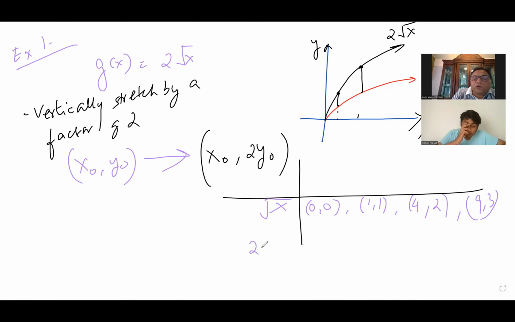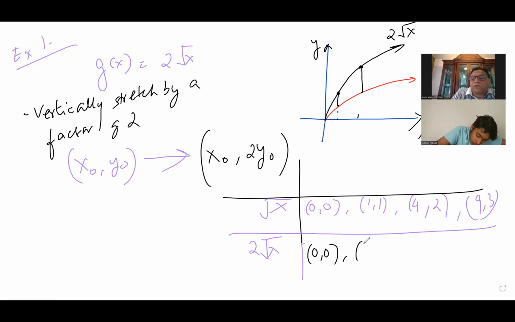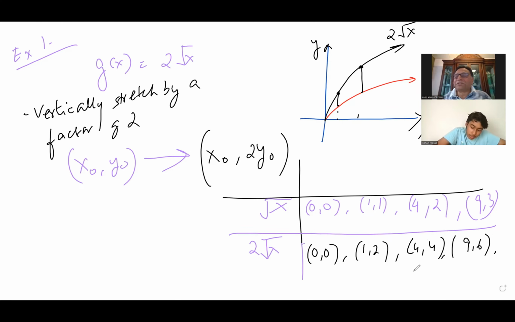But if I do 2 times square root of x, then the points will be what? At every place, they get multiplied by 2: 0, 0; 1, 2; 4, 4; 9, 6. So as you can see, the y value gets doubled.